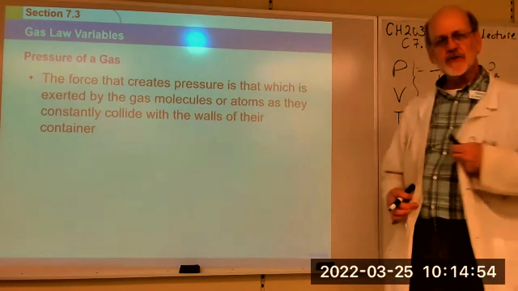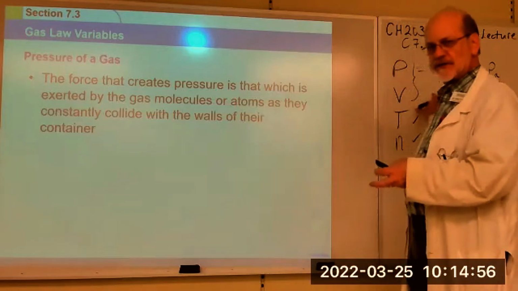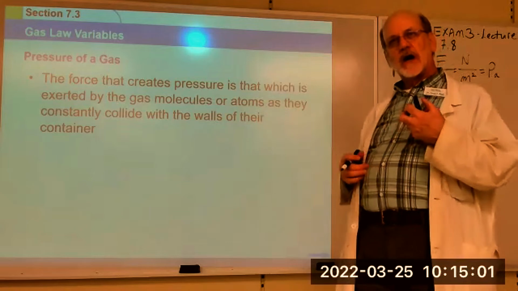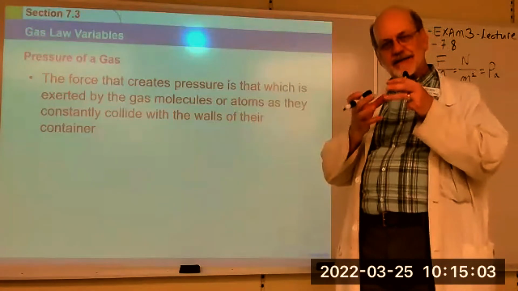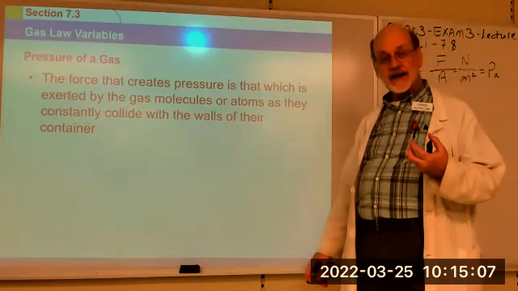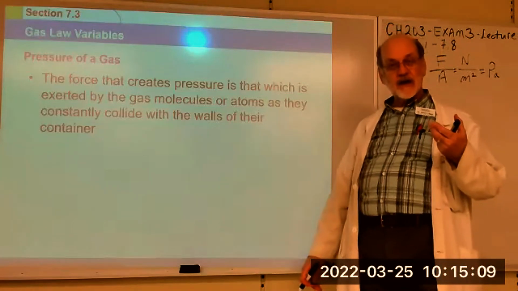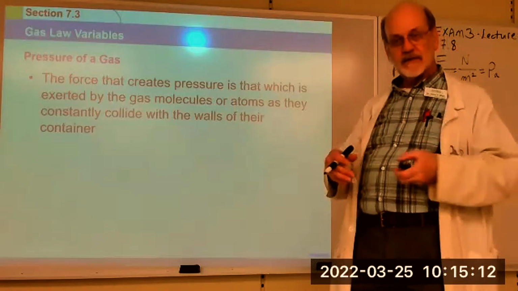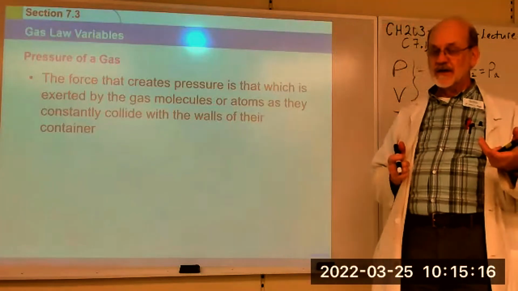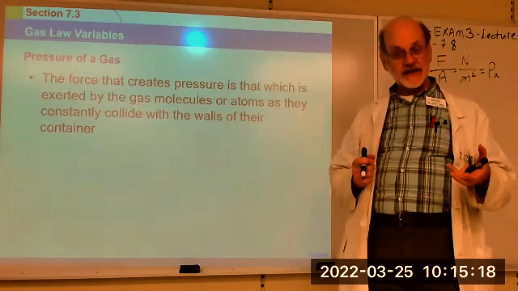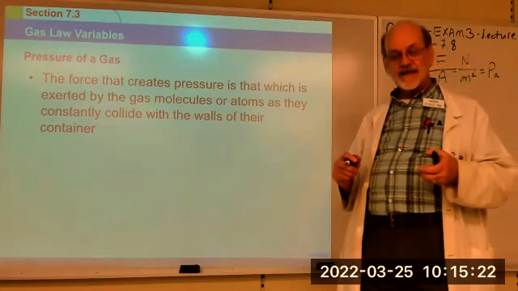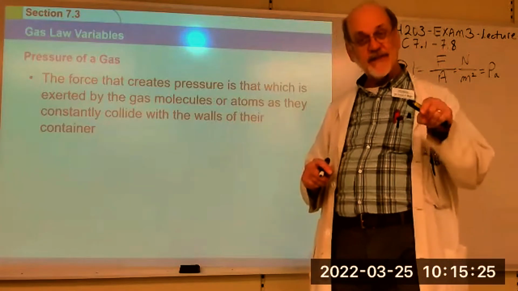All right, before we get to a further discussion of the units, let's think of a gas in terms of what it is doing inside that enclosed space. According to the kinetic molecular theory of gases, those particles are moving fast and they're bouncing against each other. But what else are they doing? They're bouncing against the walls of the container. If they weren't doing that, then we would not know that the gas was in there.